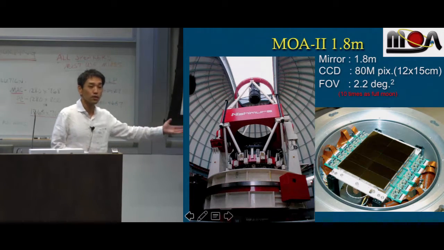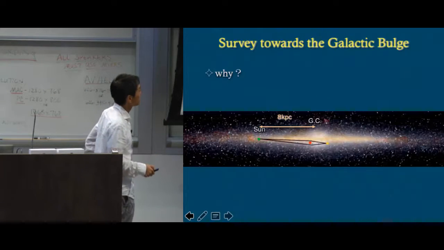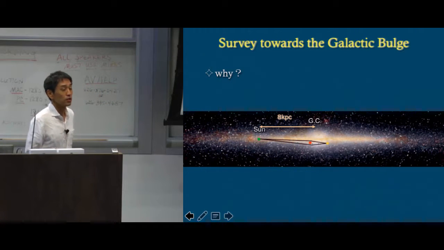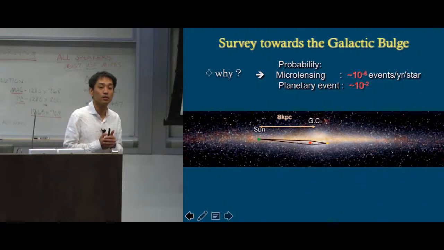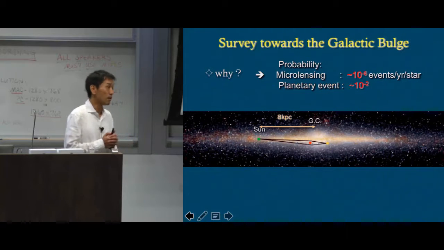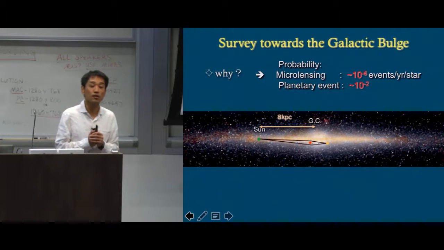Thanks to this wide field of view, we can conduct a very high cadence survey. We are mostly observing towards the bulge. This is because the microlensing event rate is 10 to the minus 6, so it's very low. And furthermore, detecting a planet is only a few percent of them.